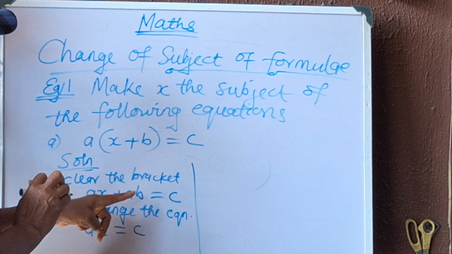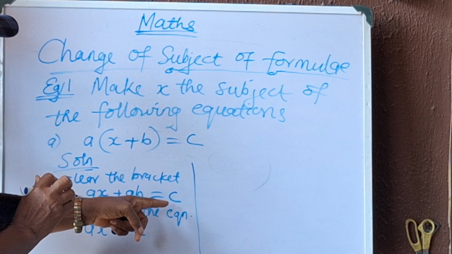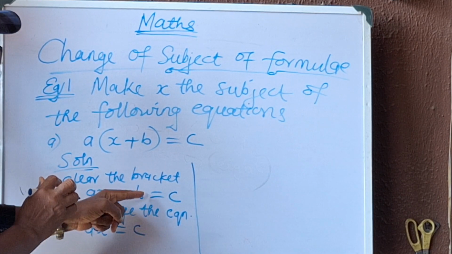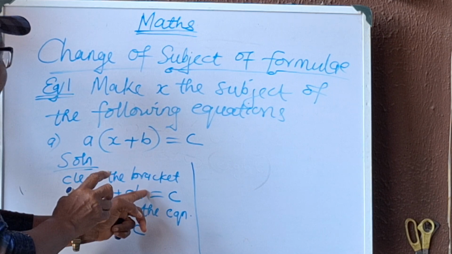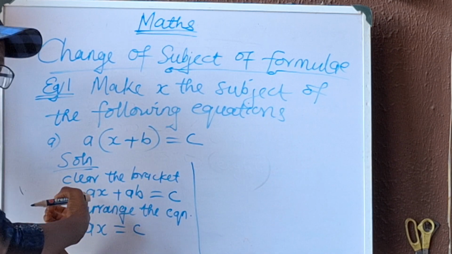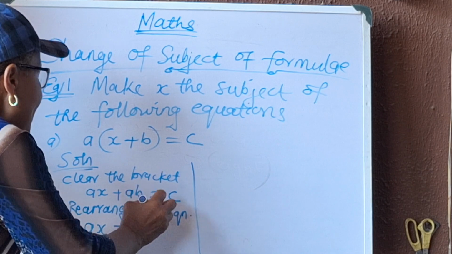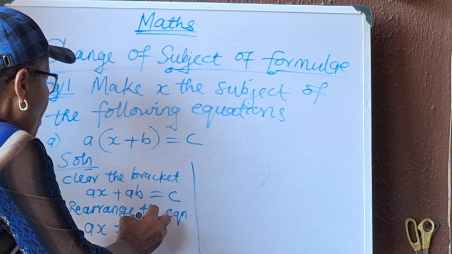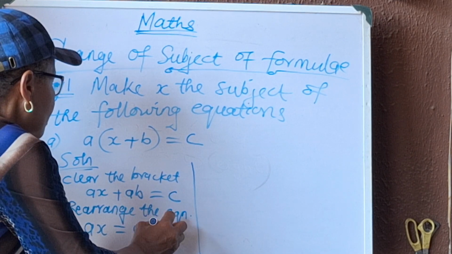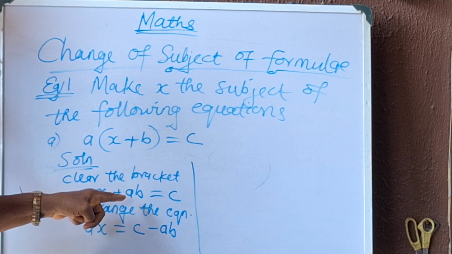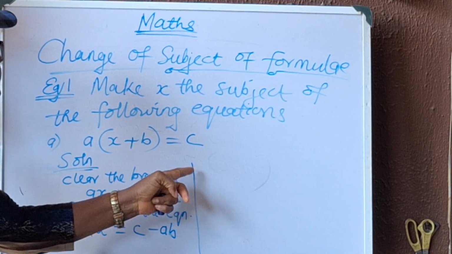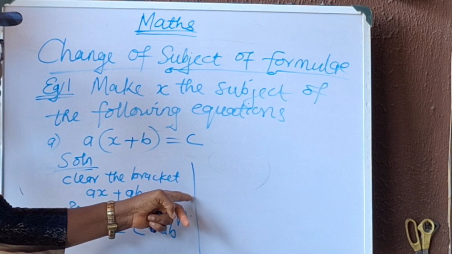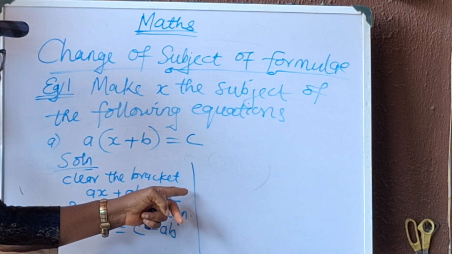We have to subtract ab from both sides. So ab minus ab here should nullify, give us 0. Then remaining c minus ab. It's the same thing as taking plus ab to the right hand side of the equation.